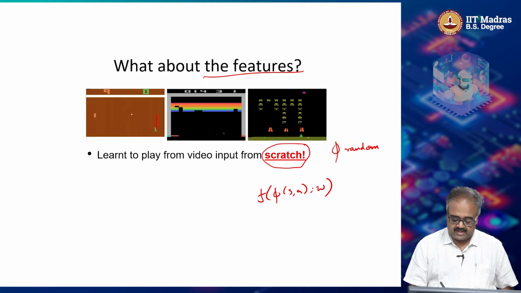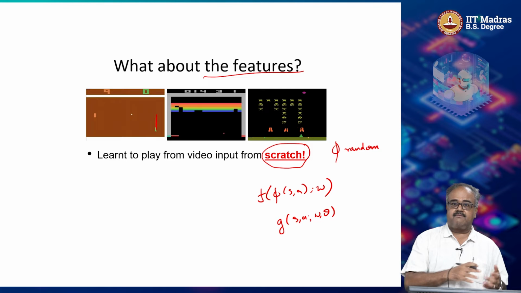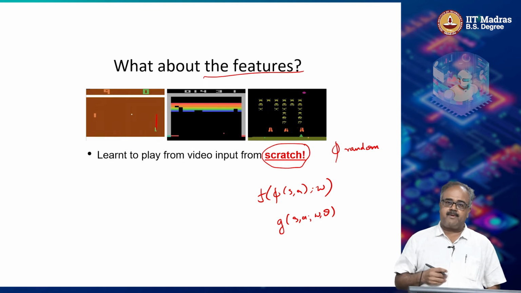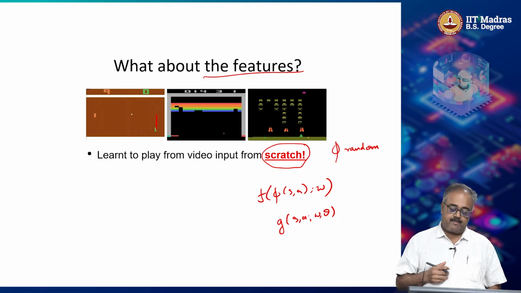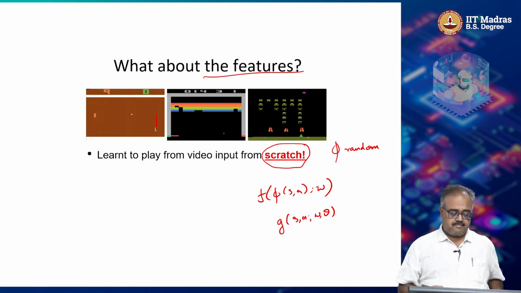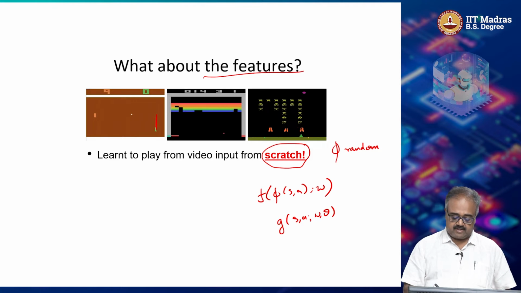You can combine everything and call it some g of s comma a, and w and theta, where theta is a set of parameters for learning phi and w is a set of parameters for learning f. You could think of it that way, but you need this kind of intermediary feature computation. So how did this come about?